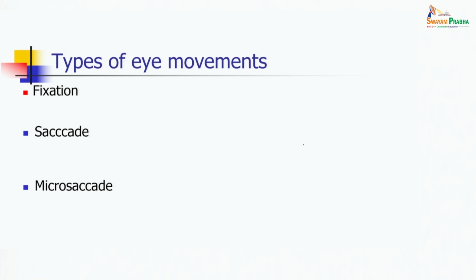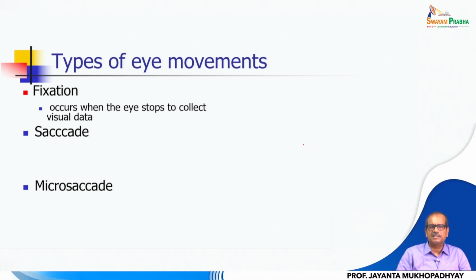One is called fixation. It occurs when the eye stops to collect visual data, which means fixations are those points where movements are less, and the gaze location stays momentarily, relative to other gaze locations, stable for a certain time interval.